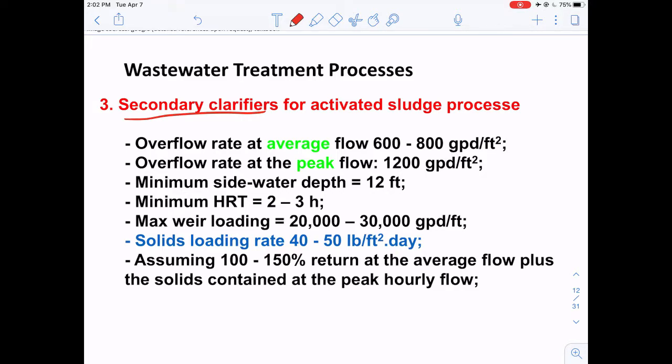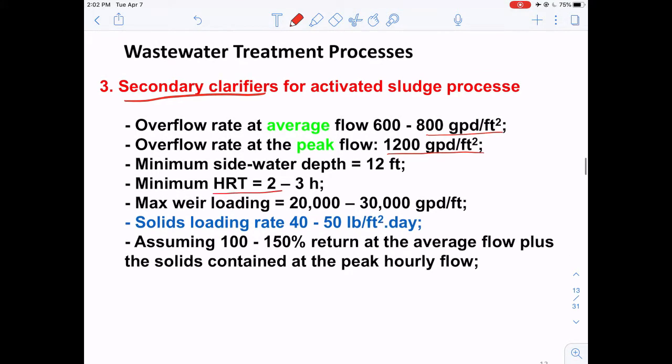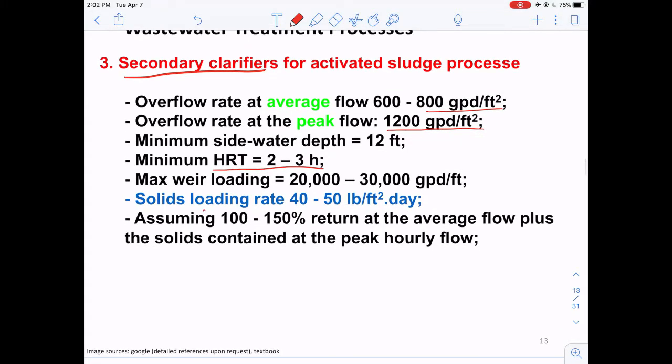Typically, the secondary clarifier is operated at an average overflow rate of 600 to 800 gallons per day per square foot. The overflow rate at the peak flow is going to be higher. The minimum hydraulic retention time is 2 to 3 hours, and the solids loading rate is 40 to 50 pounds per square foot per day.